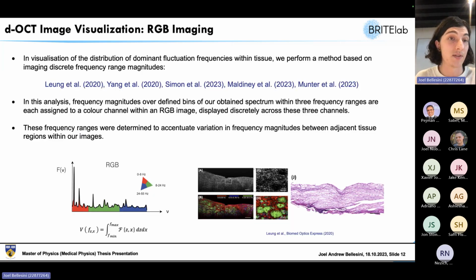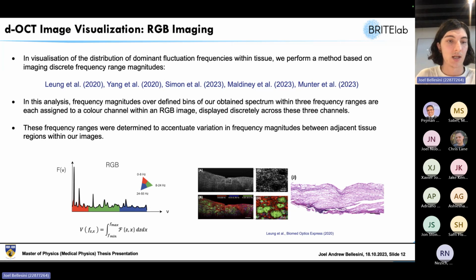And then in our different methods of visualization, the first of which I will go through now is what we call RGB imaging, which is the most prevalent or most performed method in the preceding literature, involving integration of the obtained frequency spectrum over varying frequency bins, which are then displayed in an RGB image.